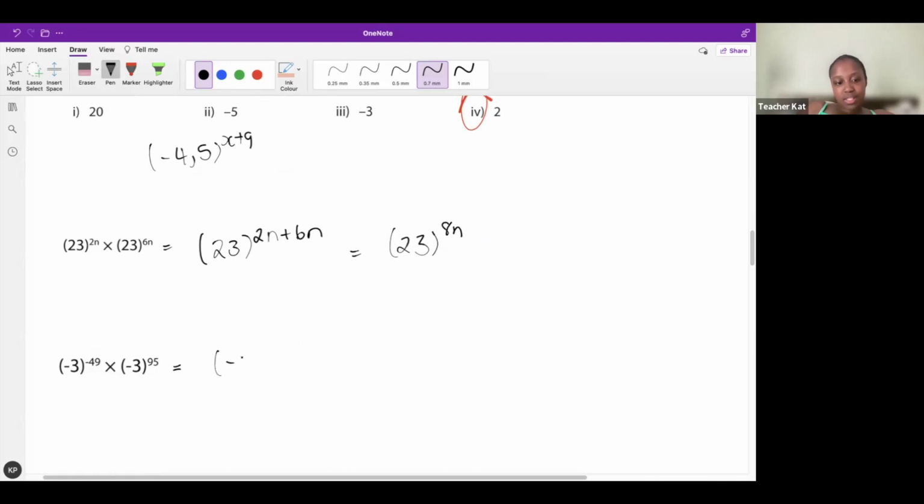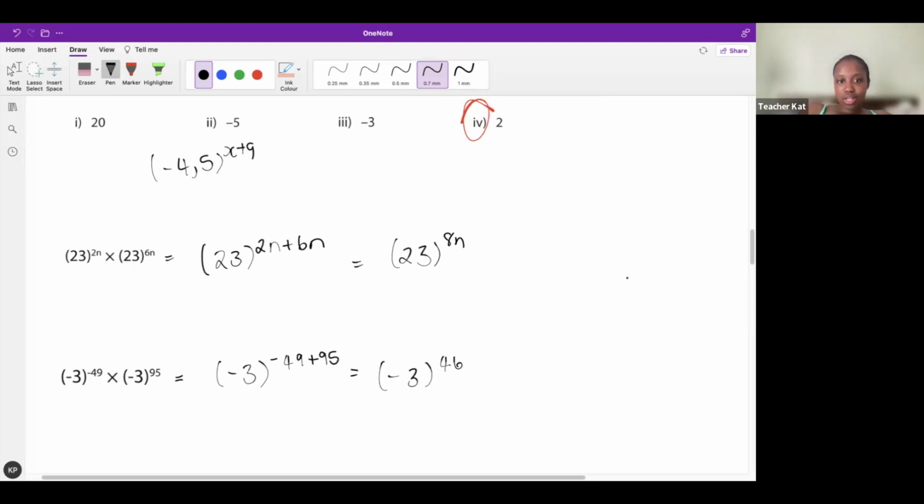So this will then give us -3 to the power of -49 plus 95, which means it's -3 to the power of what? -49 plus 95. That is 46. Great. Okay, I feel like I'm going a little bit fast, so I'm going to wait a little bit so we can write down these notes.